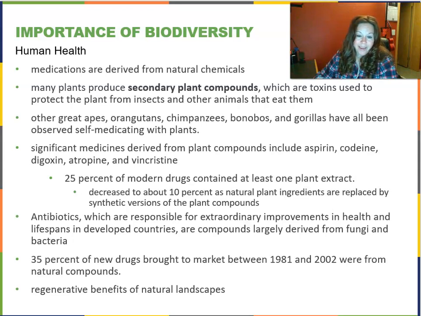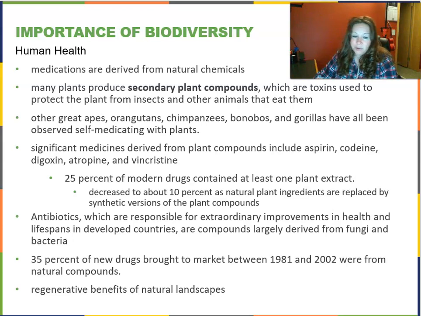Another drug, antibiotics, which are responsible for extraordinary improvements in health and lifespans in developed countries, are compounds largely derived from fungi and bacteria. And 35% of new drugs brought to market between 1981 and 2002 were from natural compounds.